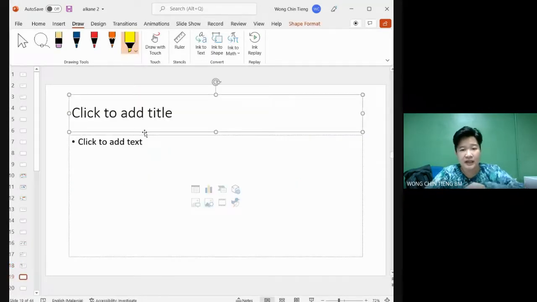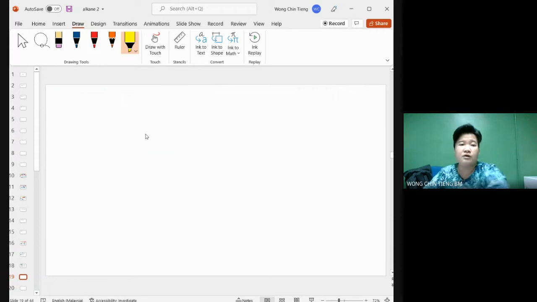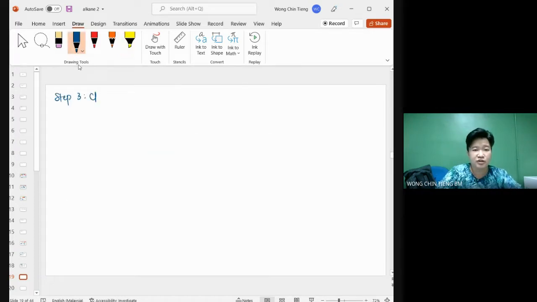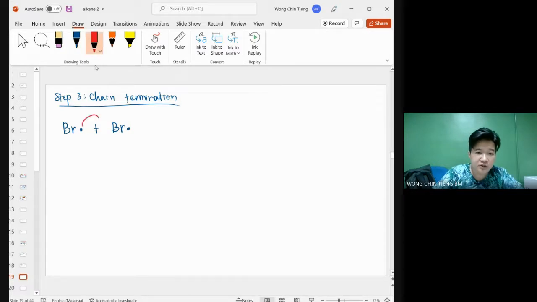Alright? Next, we are going into your termination. So your step 3 over here is your chain termination. Okay. So your step 3 chain termination over here, what will happen is, first and foremost, definitely Br. Tak ada issue ah. Betul. So arrow, make sure it's going in from the dot. From the dot going in. Jumpa?